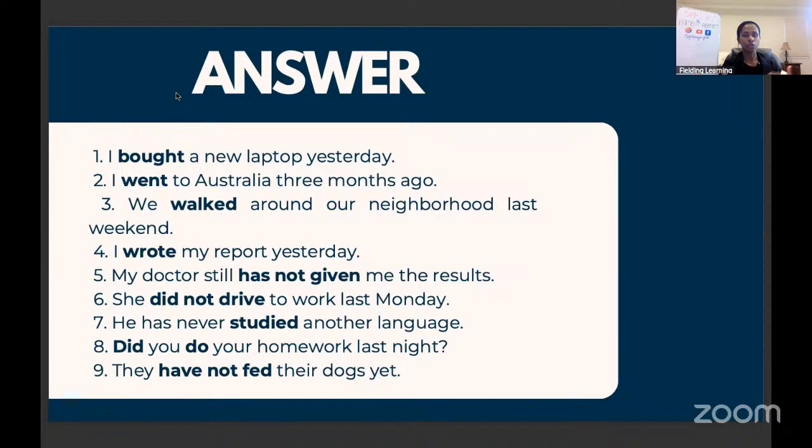Although sometimes it's really hard to express yourself in another language, the feeling of becoming fluent in English is really, really good. And it opens many, many doors. You can do many things. You can travel, you can have a better job. So many good things happen when you are fluent in English.